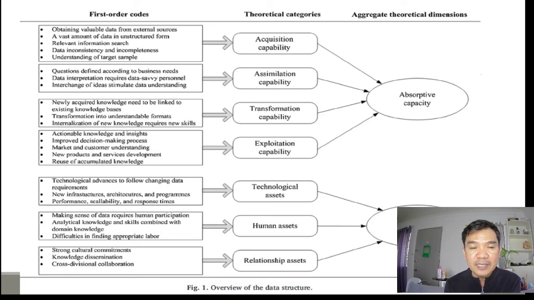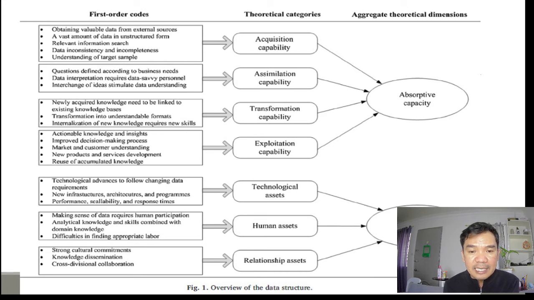If you look at the assimilation capability: questions defined according to business needs, data interpretation requires data savvy personnel, interchange of ideas stimulates data understanding. And for the transformation capability: newly acquired knowledge needs to be linked to existing knowledge, transforming into understandable formats, and the rest.